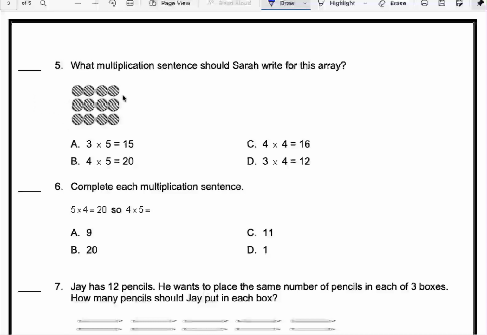And how many columns? How many counters in each row, my hero? 1, 2, 3, 4. So you said that we have 3 rows and 4 columns. Teacher, I want to answer. And the total is?